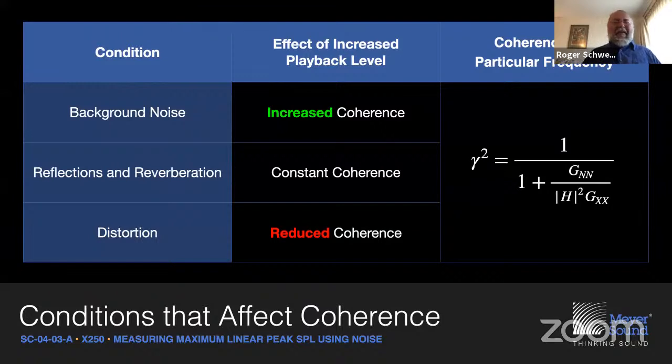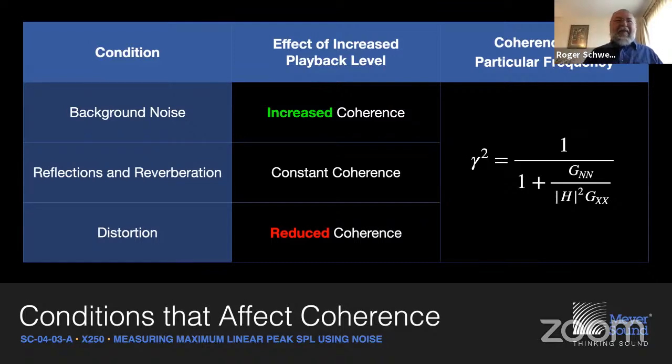One way to think of it is what happens when you turn the knob. If you're trying to find the maximum SPL of the speaker, there's going to be a volume knob somewhere. We specify in the procedure where that is. That's an important thing. And what happens when you increase the playback level? If there's constant noise and you increase your drive signal to the speaker, then you will get increased coherence.